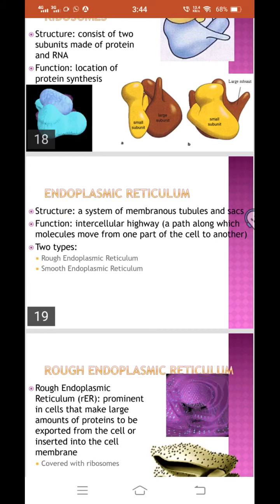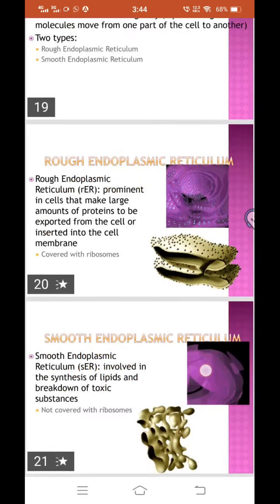So ये जो हमारा structure है, this structure is for the rough endoplasmic reticulums.